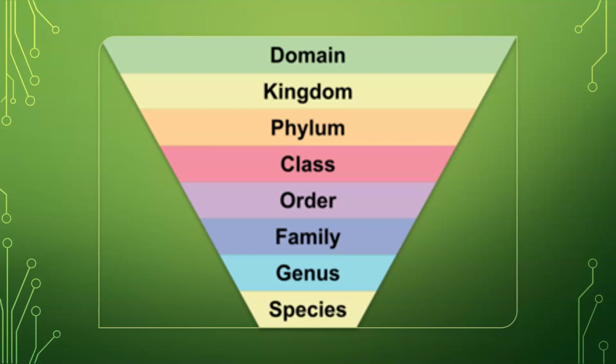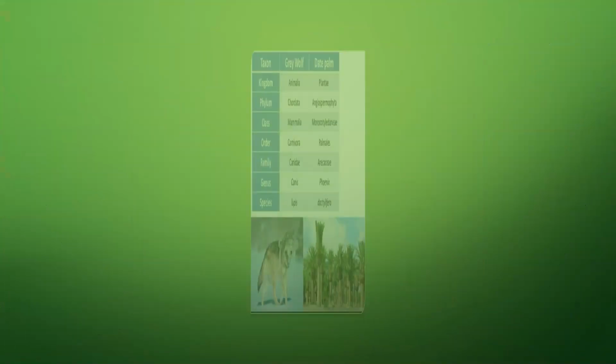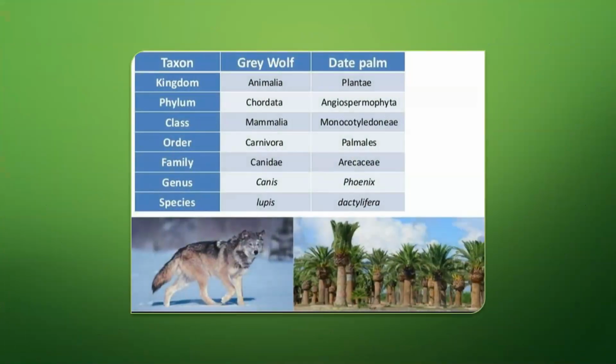And one of your applications is to be able to choose an animal and a plant of your choice and to know where they sit in all of these classifications. All of these we call taxa. This is an example, our taxa being kingdom, phylum, class, order, family, genus, species, and then we've got two examples, the grey wolf and the date palm. So a plant and an animal.